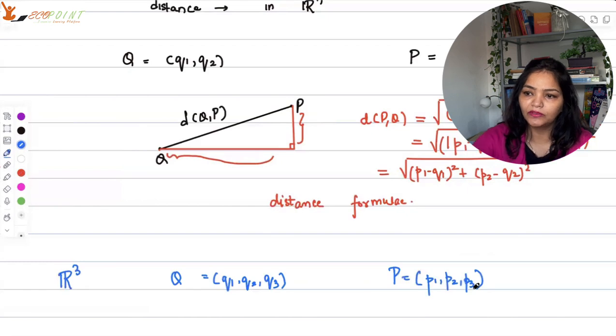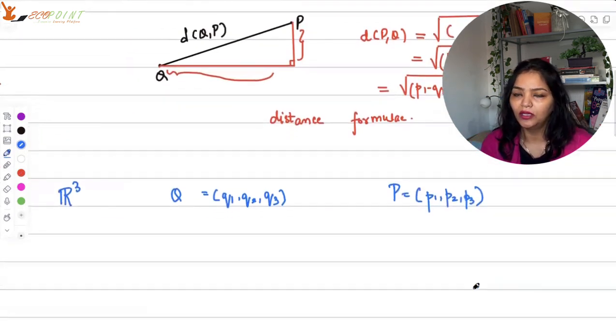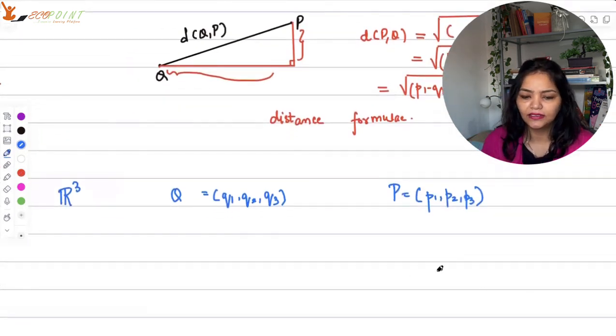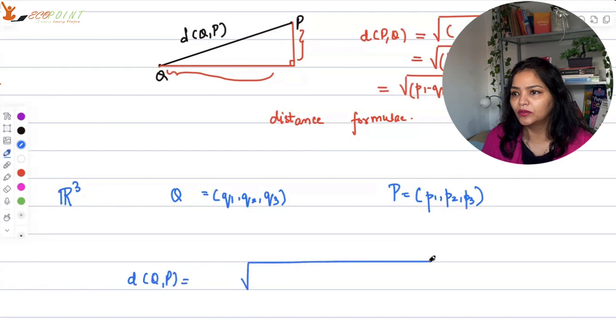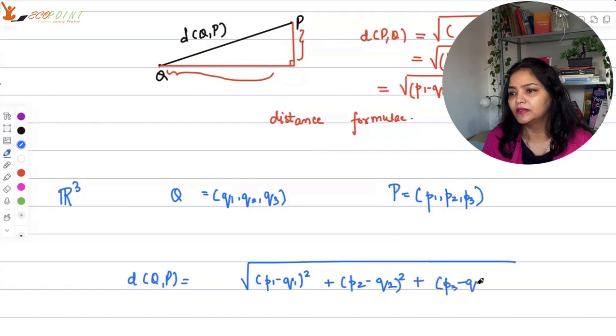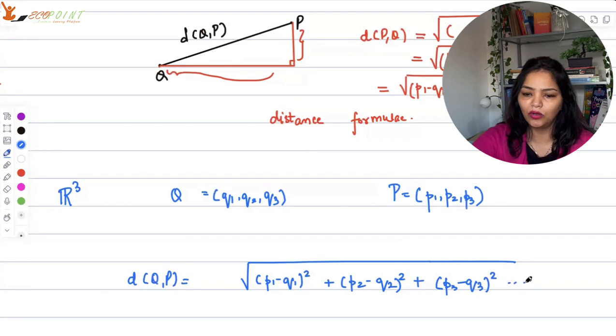And you would observe that the distance formula would just get extended. Your distance between QP would turn into the square root of P1 minus Q1 square plus P2 minus Q2 square plus P3 minus Q3 square. Okay? And so on and so forth.